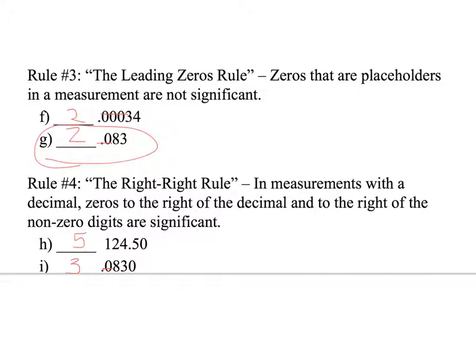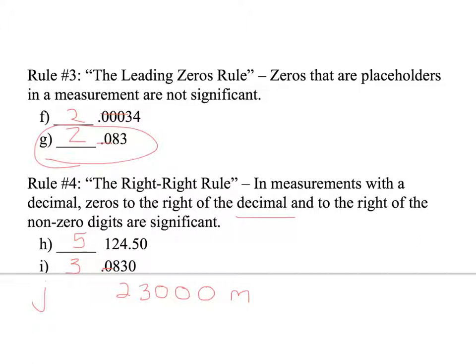Let's try one more interesting practice before we do more guided practice. In this additional example, here we have trailing zeros, but what we don't have is a decimal place. So when we apply this final rule, remember the trailing zeros, the zeros at the end of a number, are only significant if there is a decimal place.